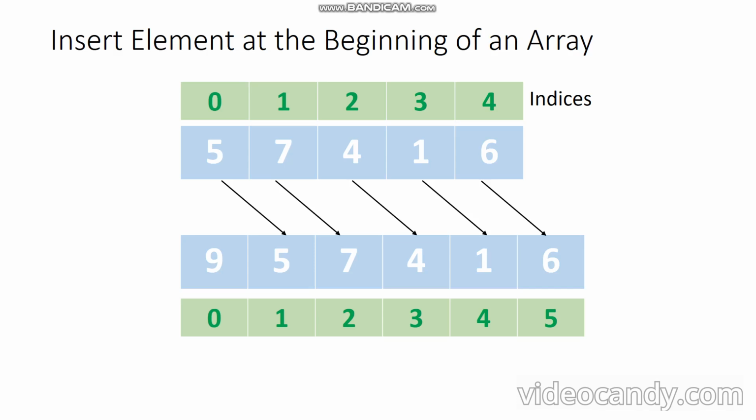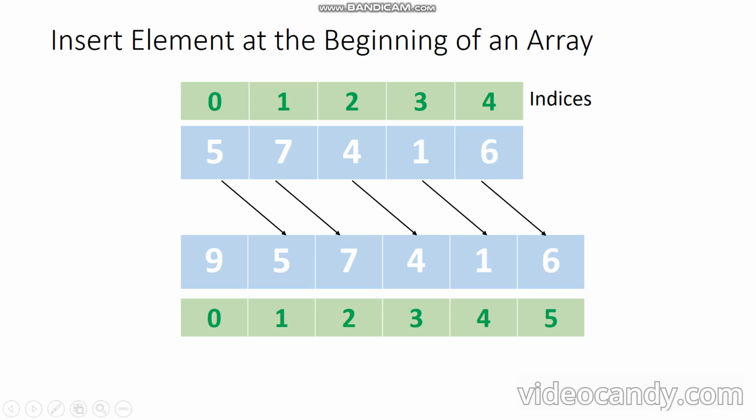You cannot change it later. So if you want to insert the element at the beginning, make sure that your array size is greater, that means the total number of elements is less than the size of the array, so that you have the space. In the diagram below, I have shown that the size of the array will be 6, so that I can insert a new element at the beginning.